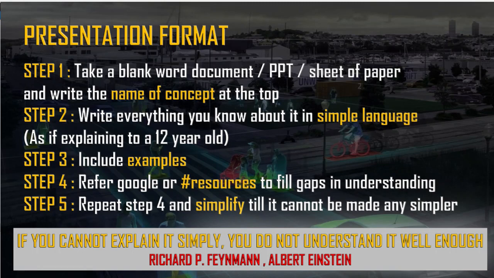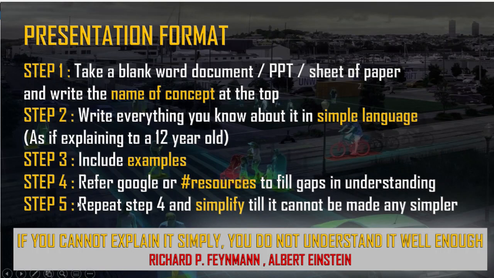As you begin writing, you will observe that there are gaps in your knowledge, and you can Google it and try to fill those gaps and create a very simple explanation that you would probably be explaining to a 12-year-old, for instance. You can also include examples that would make the explanation easier. That's optional, but examples would make the explanation very practical and easy.